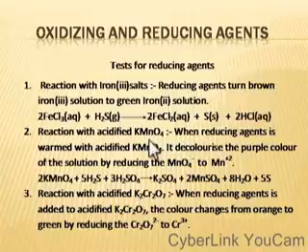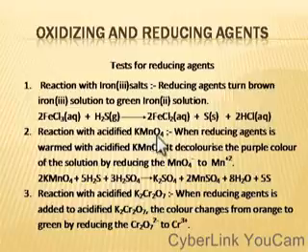The second reaction, that means the reaction of a reducing agent with acidified potassium permanganate. You see there, we have where hydrogen sulfide gas is bubbled into acidified potassium permanganate.